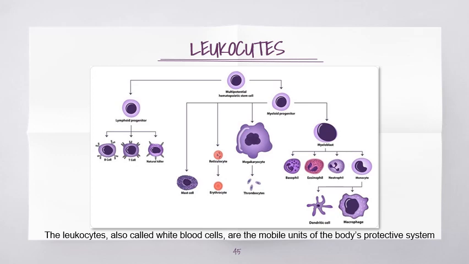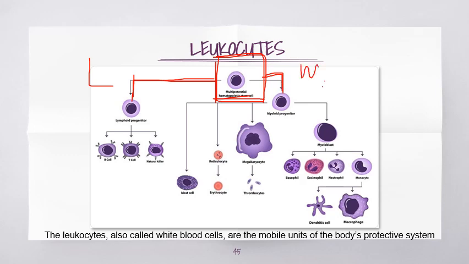So this is the pluripotent or the committed stem cell that will produce your leukocytes. It may go to the route of a lymphoid series or the myeloid series.